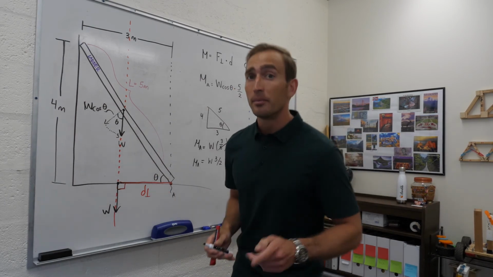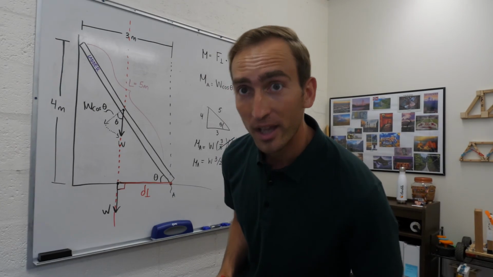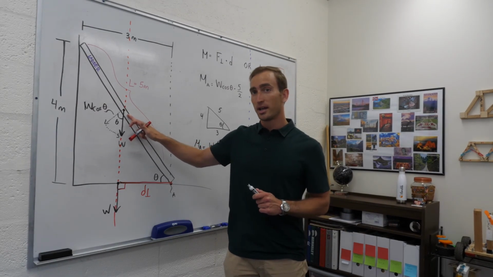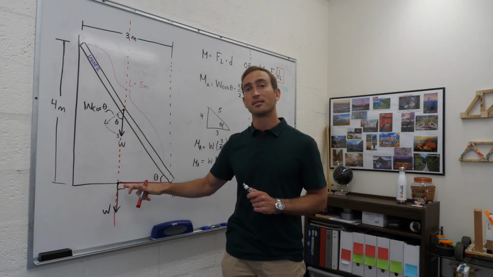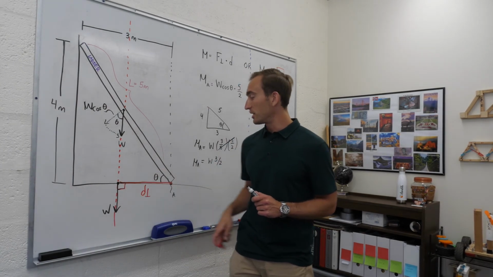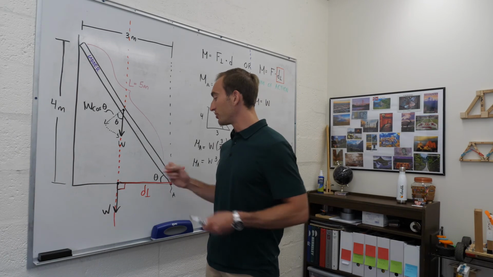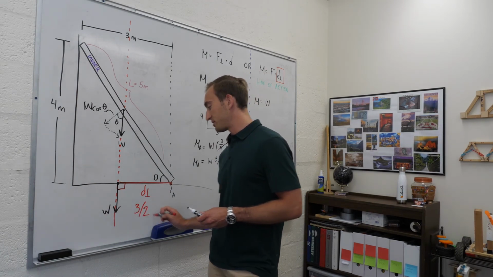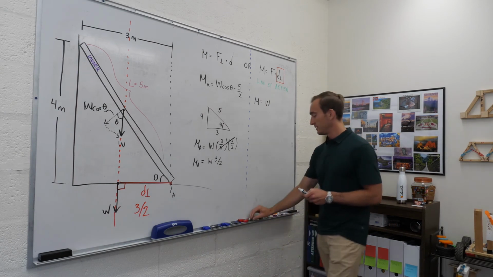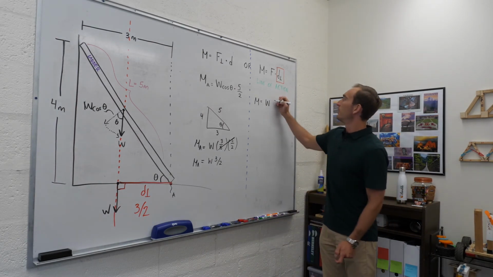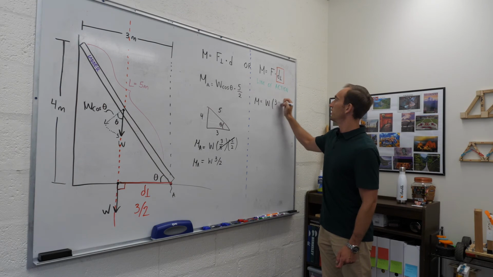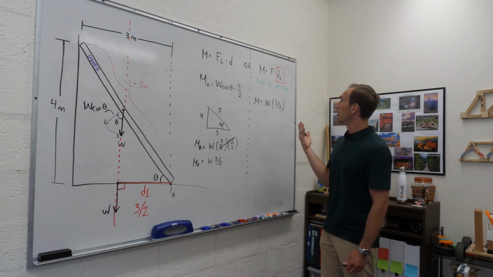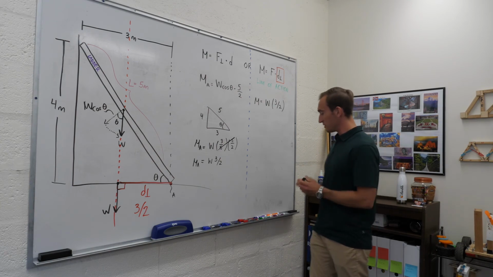And if you remember back to your geometry lessons, if you took a line from the middle of a triangle and dropped it down, it would bisect this side. So this distance right here is actually going to be equal to 3 halves meters. So when we plug that back in over here, our perpendicular distance is going to be 3 over 2.